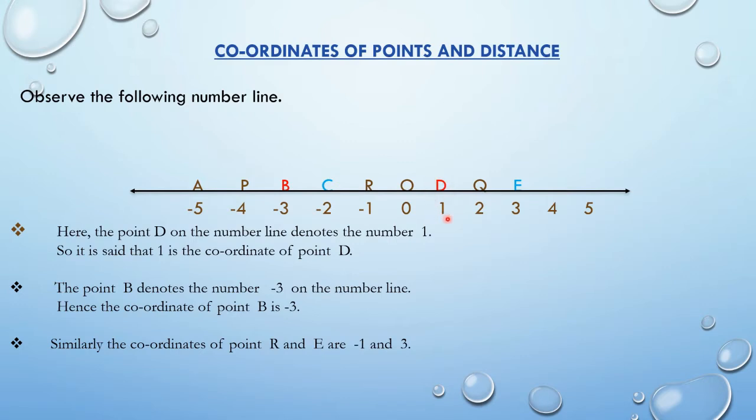Therefore, the coordinate of the point D is 1. And the point B denotes the number -3 on the number line. Hence, the coordinate of the point B is -3. Similarly, the coordinate of the point R is -1 and the coordinate of the point E is 3.